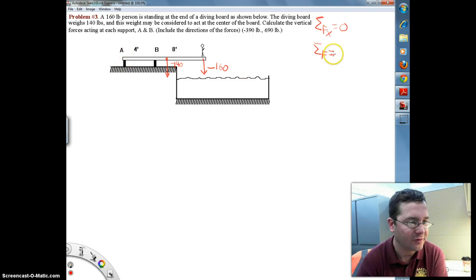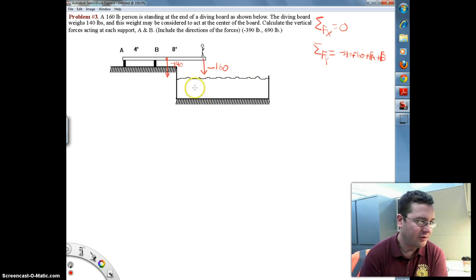So the sum of the forces in the y direction equals negative 140 plus negative 160 plus A, the force at A, plus the force at B. And maybe I should denote those with an F. Forces at A and forces at B.